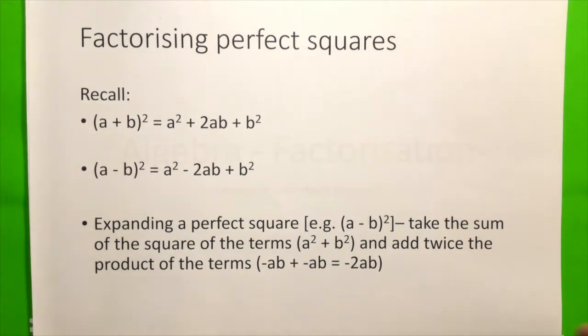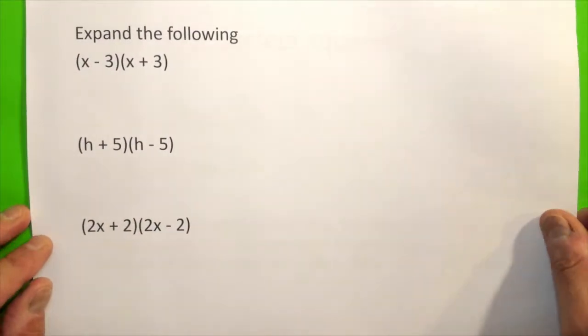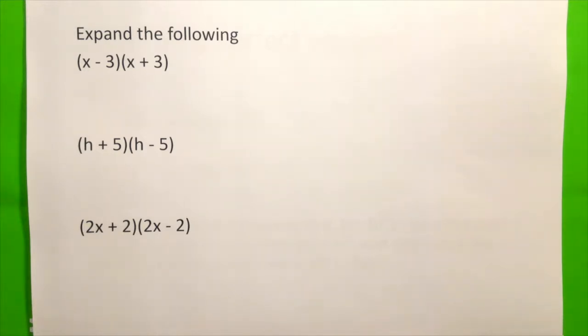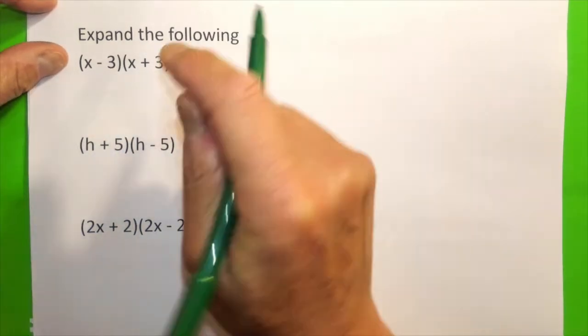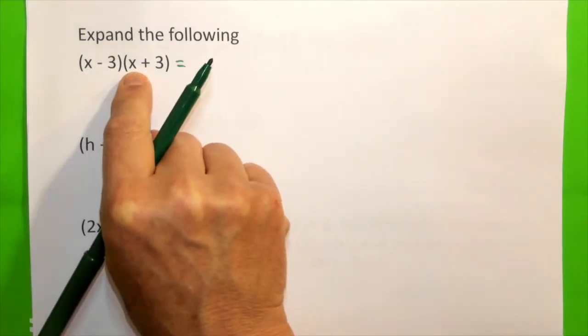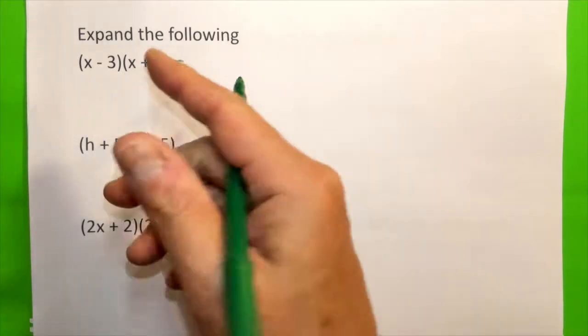Now, let's have a look at another situation. I'll give you 5 minutes. Pause the video for a while and expand all of these. Let's have a look. (x + 3) and (x - 3).